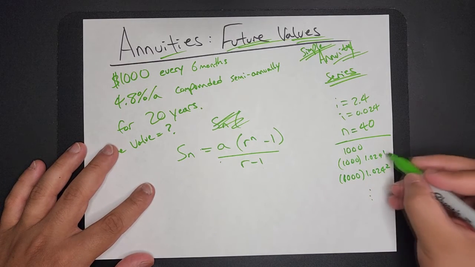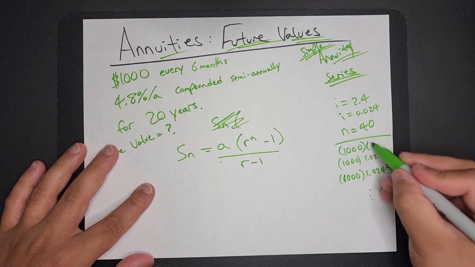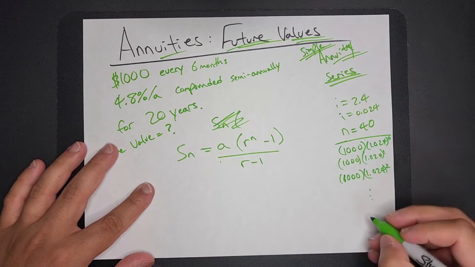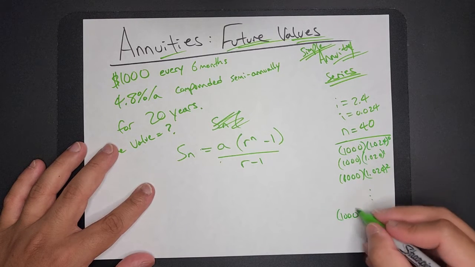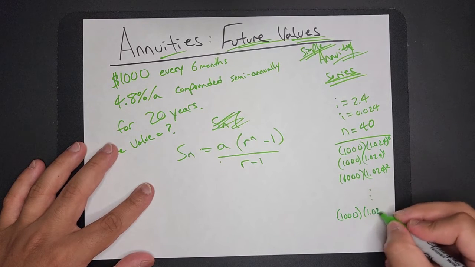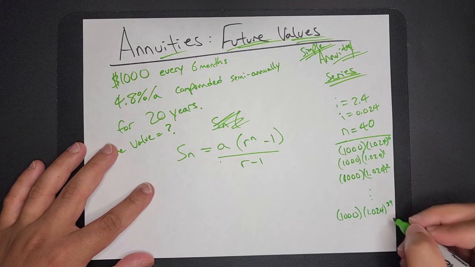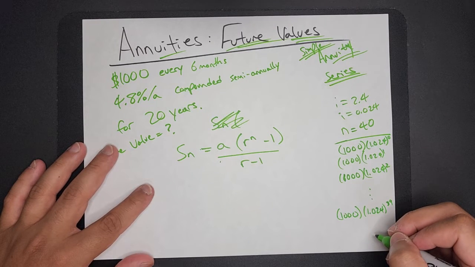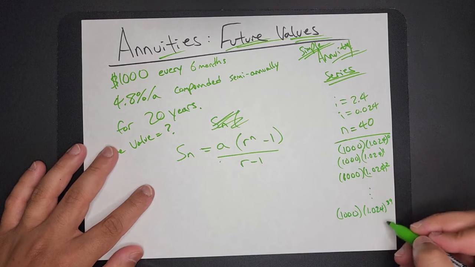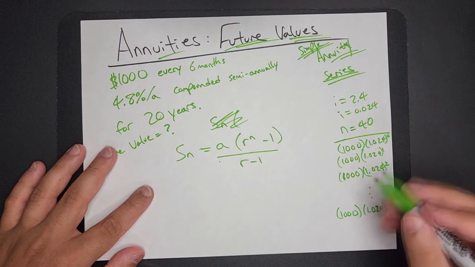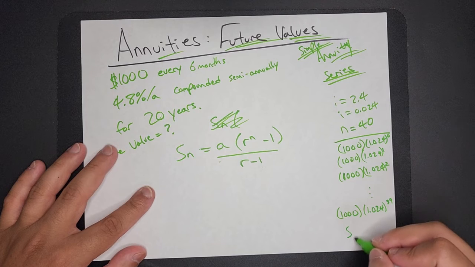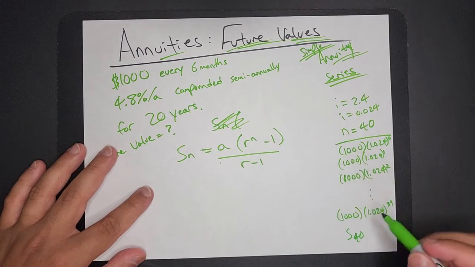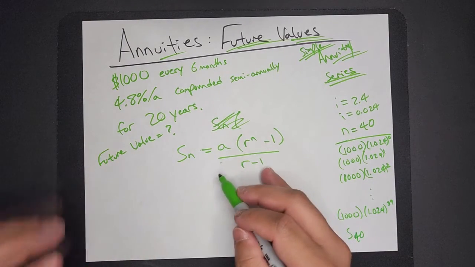Once you add all these up, you get the sum at 40. So that is why we're looking at a geometric series here.